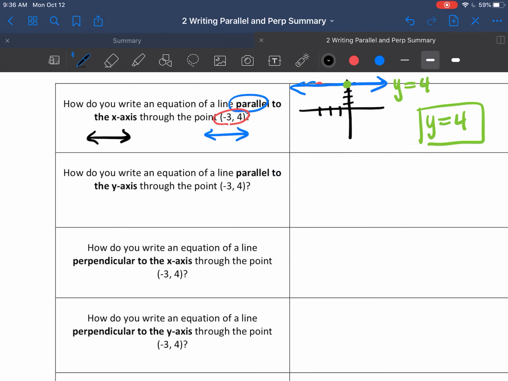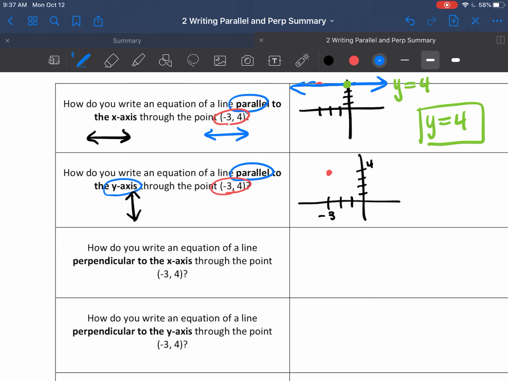Okay, we're going to do the same thing for this next one. So we want to write parallel to the y-axis. The y-axis looks like this. And we want to go through this point. So I'm going to sketch that point, -3, 4.